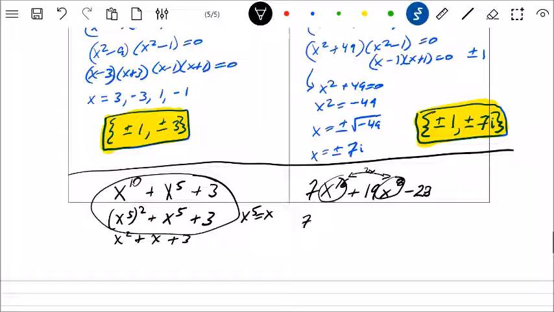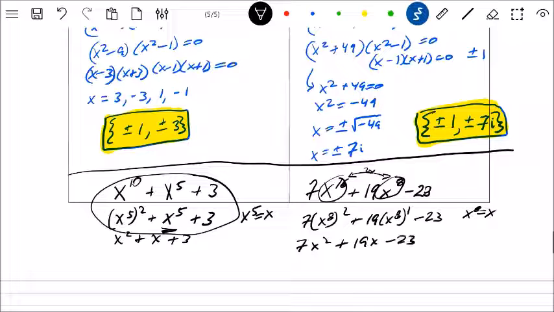I can write it as 7 times x to the 8th squared plus 19 times x to the 8th to the first minus 23. Just like this x to the 5th here is x to the 5th to the first power. So now I could say x to the 8th is equal to x, and I could do 7x squared plus 19x minus 23, and use the quadratic formula.